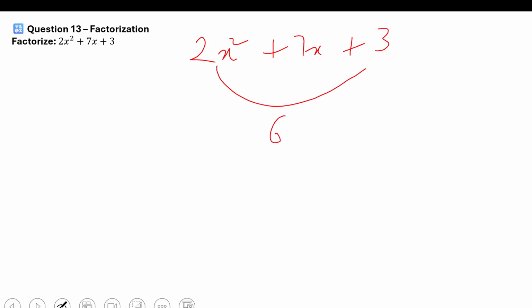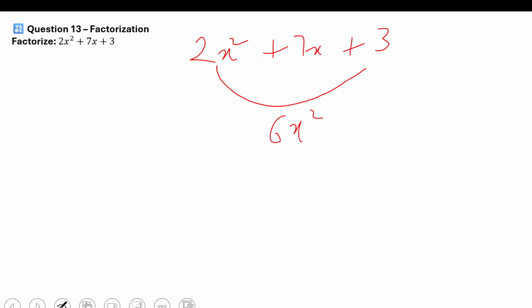So what to factorize? Again, this is a quadratic expression. Why? Because the highest power of the variable x is 2. All right, so to factorize this, again, I will write out the 3 terms: 2x squared plus 7x plus 3. So multiply the first term and the last term. I'm going to be getting 6x squared.